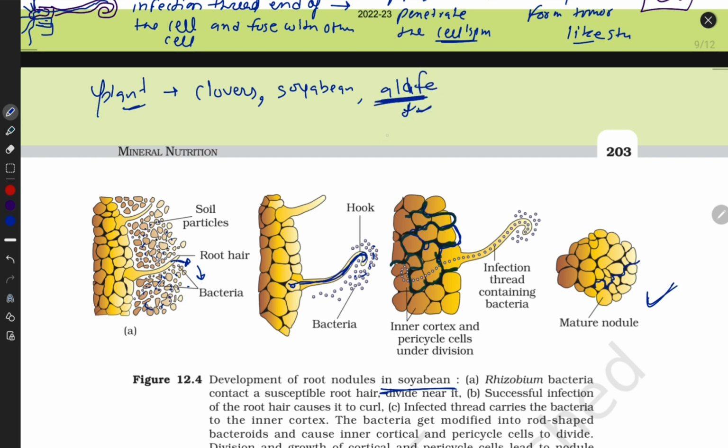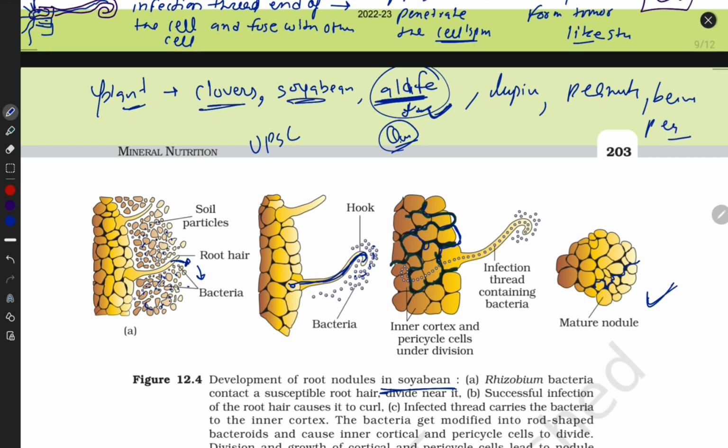Recently this question was asked in UPSC, guys. What kind of plants are useful in nitrogen fixation? One option is alfalfa, lupine. Guys, I'm going to prepare you for competitive exams. So these are examples of the kind of plants that do this phenomenon: alfalfa, lupines.